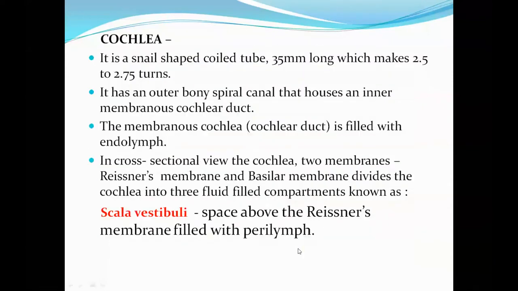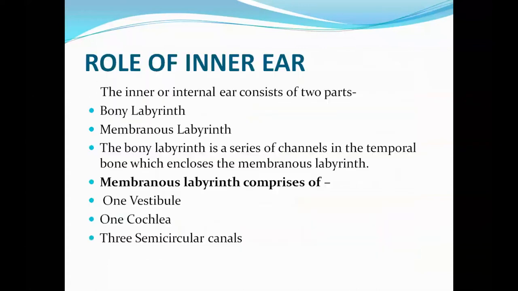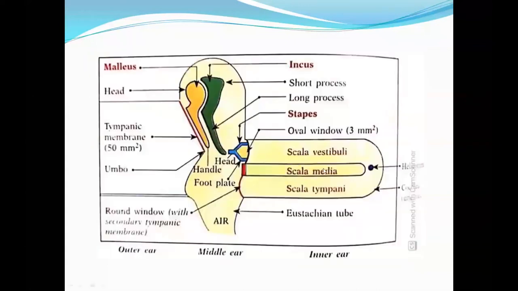So here we can see the space is divided by Reissner's membrane. This is diagrammatic sketch. This is Reissner membrane, and this is basilar membrane, and it divides into three compartments. Scala vestibuli filled with perilymph. Scala media is filled with endolymph.